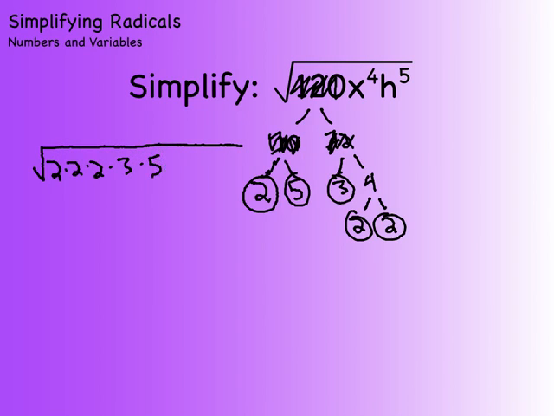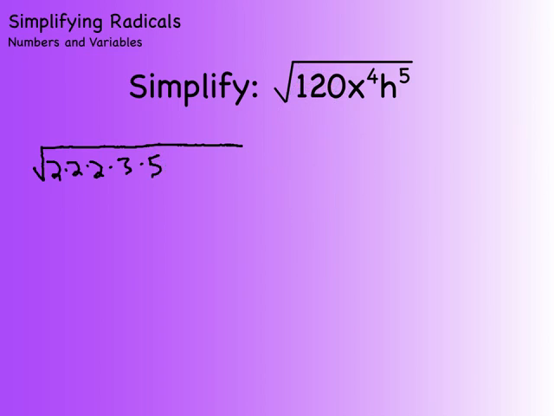Whew. Okay. So we need 4 x's: 1, 2, 3, 4, and then we need 5 h's. See, I wasn't kidding. I really did need all that space. All right. Whew, that's a lot to write for one square root.